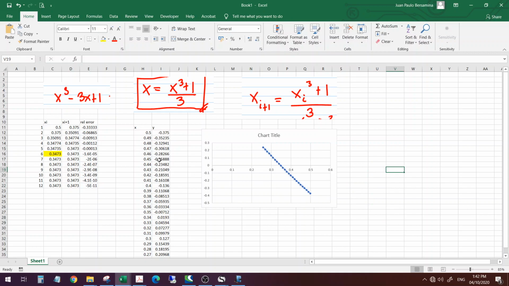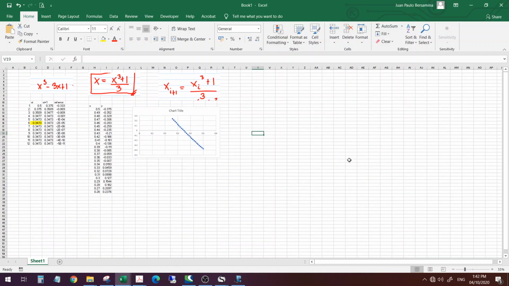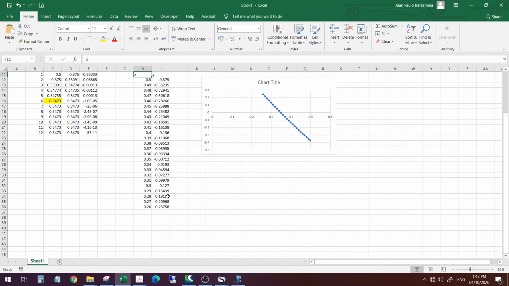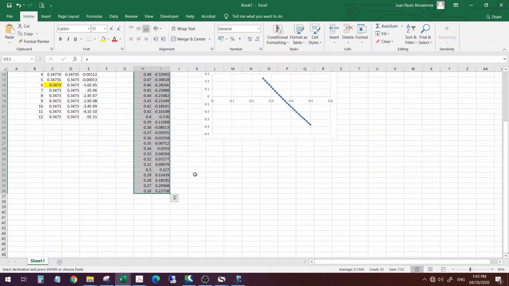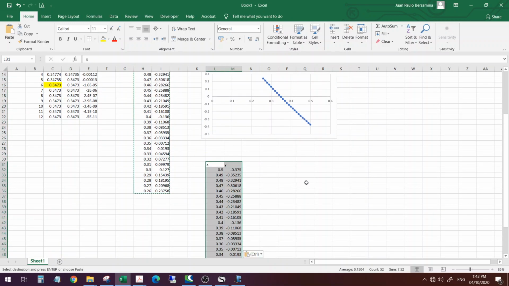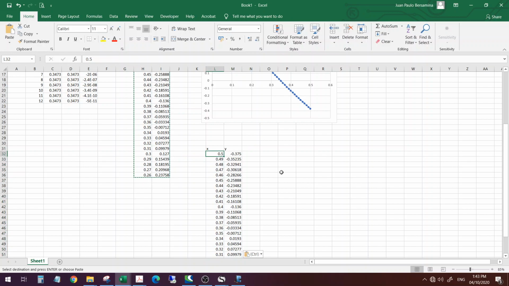So I'll assume another x value. Say I'll copy this, make another graph here, say 1.